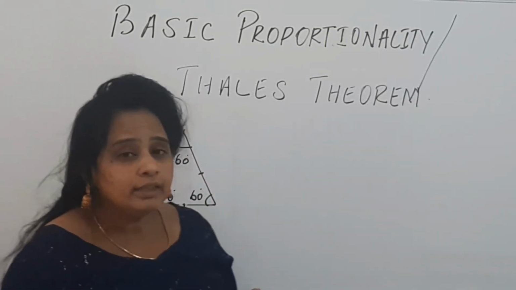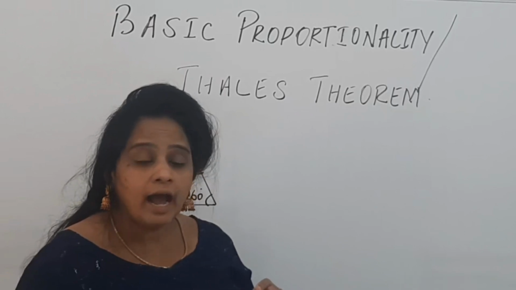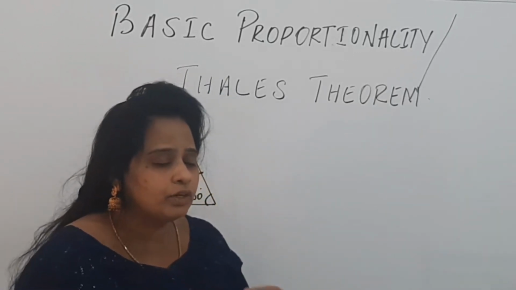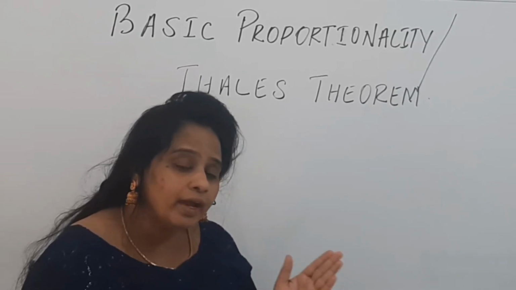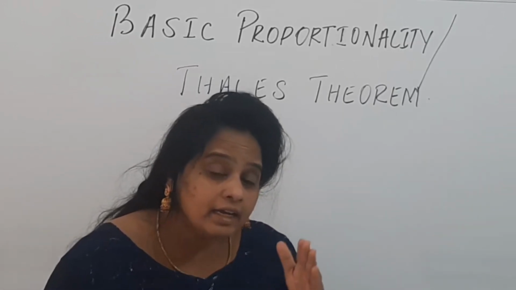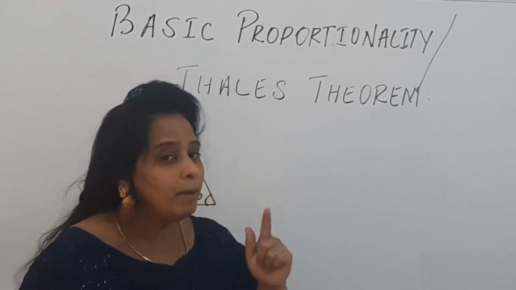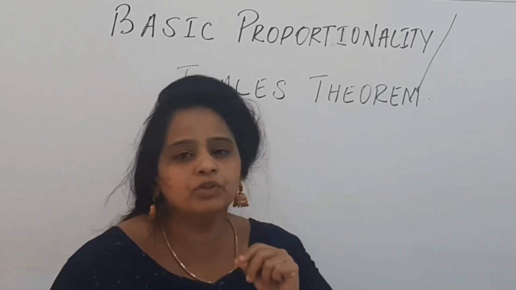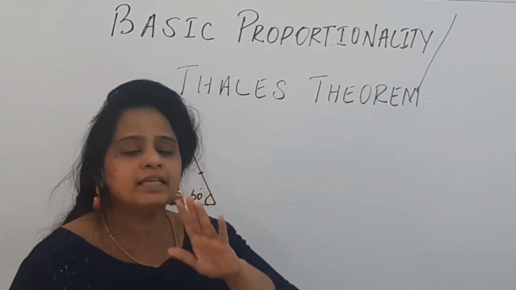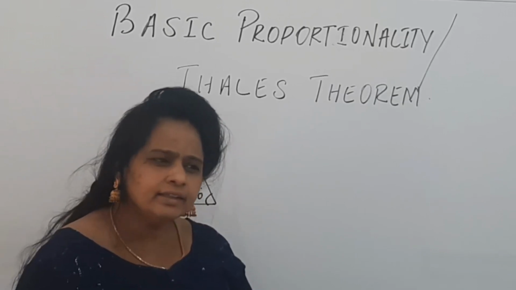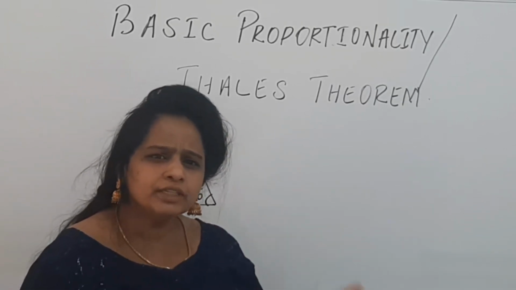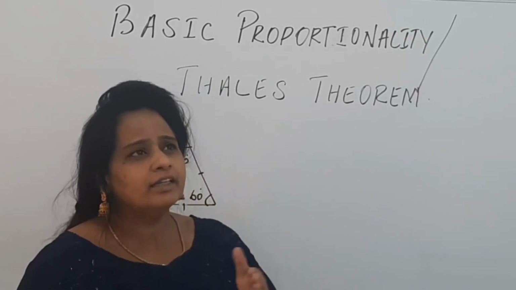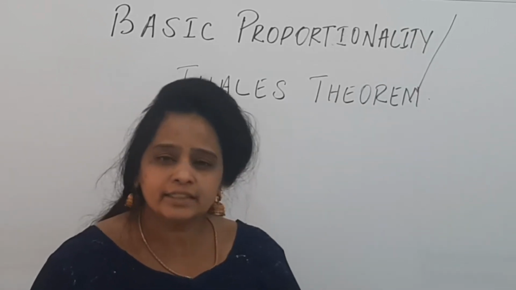I told you the angles are equal for the square and the rectangle. In our previous video, we learned that in squares and rectangles the angles are equal, 90 degrees, but the sides are not in the same proportion. Then you may ask, ma'am, you said yesterday like this, and now you are saying that for equiangular triangles the corresponding sides will be in the same ratio.